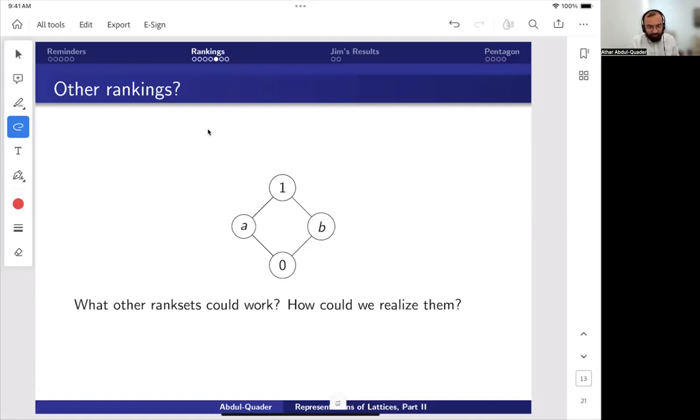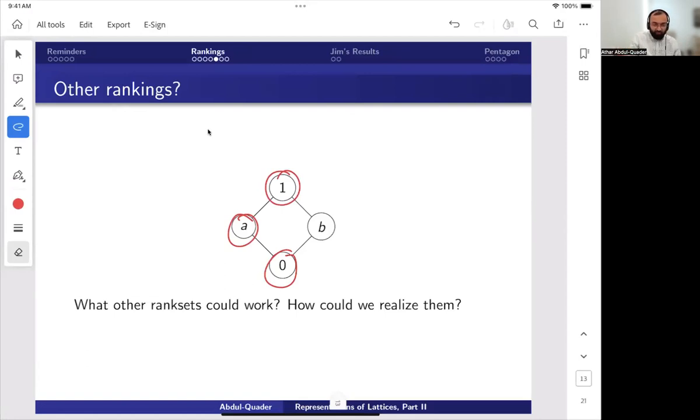But for B2, I showed that the rank set that has the ranking with 0, A, and 1 can be realized, and that was my construction from last time and what we looked at just now.